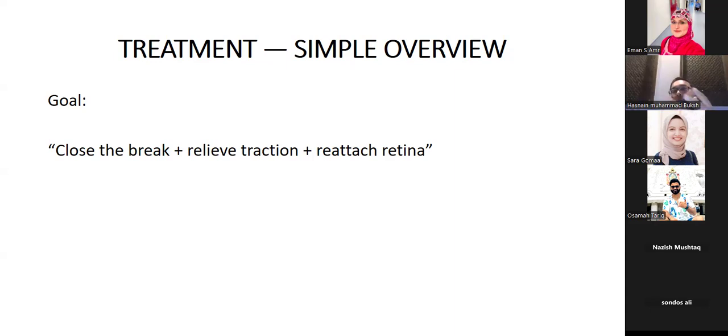Fourth, the PVR status. It's PVR A, PVR B, or PVR C. If the PVR C is there and the star folds are involving the posterior part of the retina, this is called PVRCP.